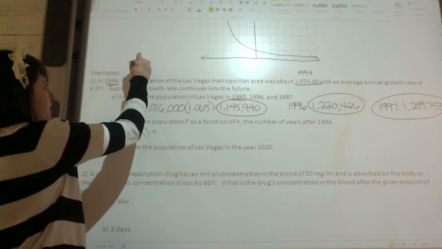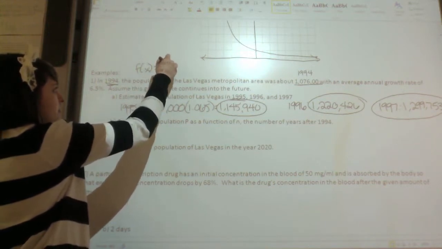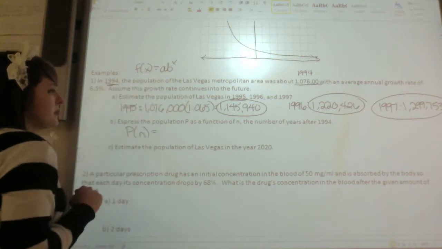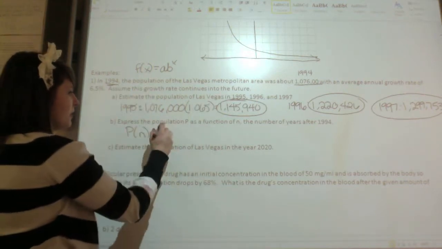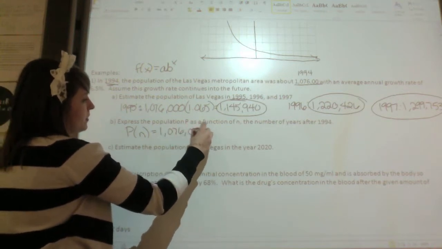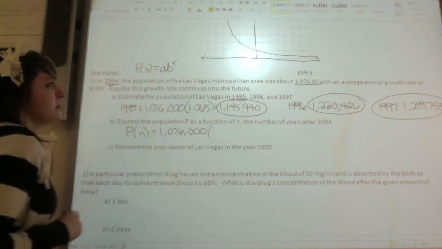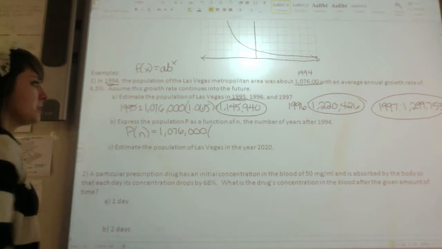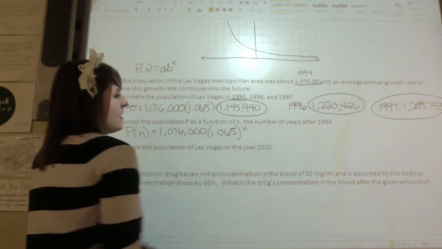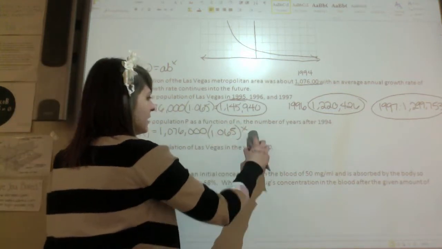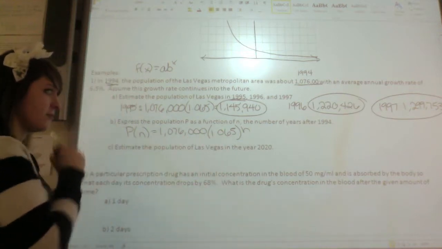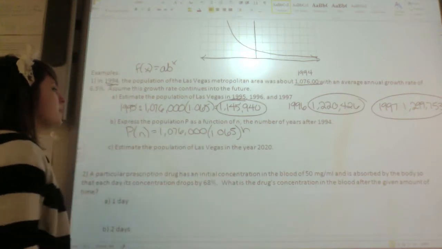Remember that my function should be in the form ab to the x because it's exponential. My a value stands for my initial value. So my initial value was 1,076,000. And then my b value stands for my growth rate. So that's how much I'm actually growing by, and that was 1.065. And then instead of writing an x here, I'm going to write an n because n is the number of years after 1994.